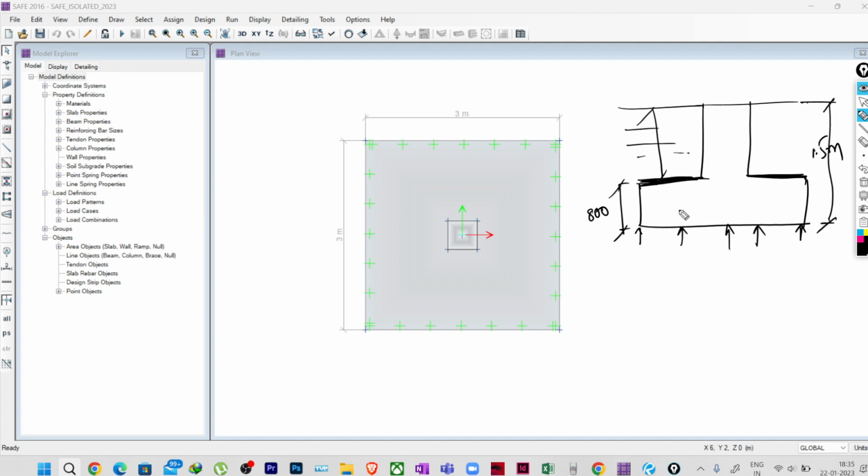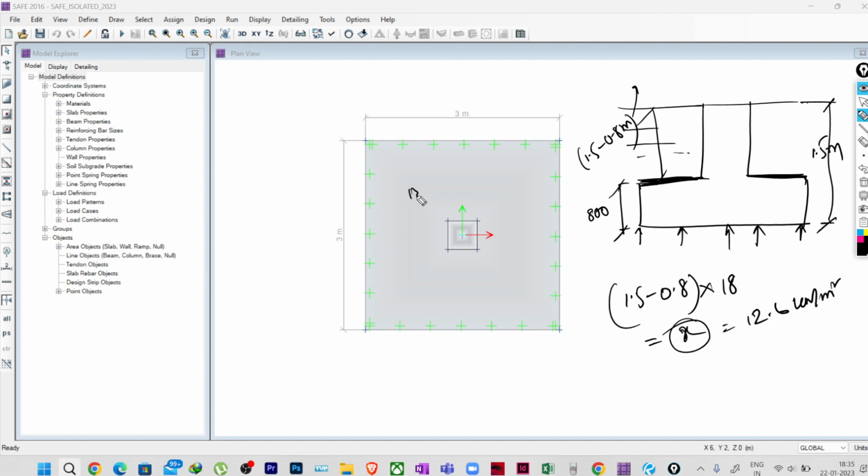This gross pressure, obviously, will be 1.5 minus 0.8 meter multiplied by 18 kilonewton per meter cube, which is the unit weight of soil, and you will get some load. It will be around 12.6 kilonewton per meter square, which we have applied as 13 kilonewton per meter square here. Fine. So this is the load you have applied, due to which you will be getting the gross pressure in terms of your reaction.